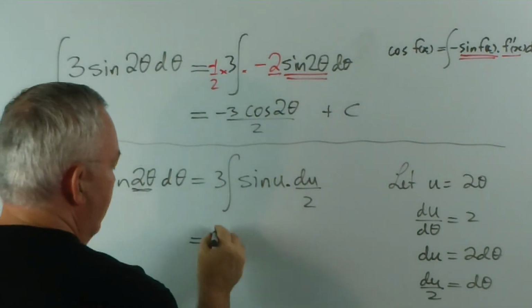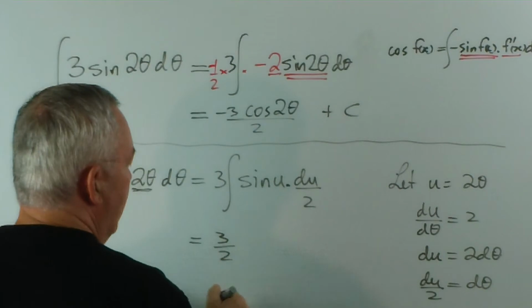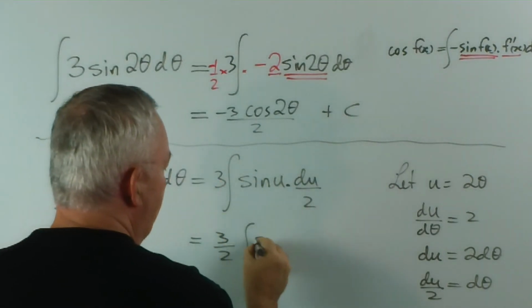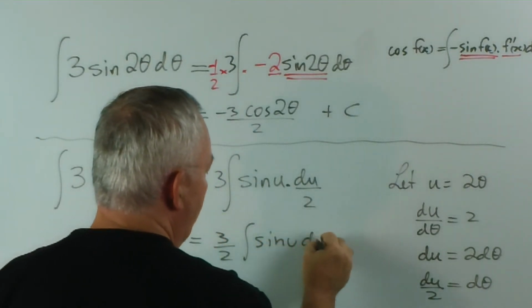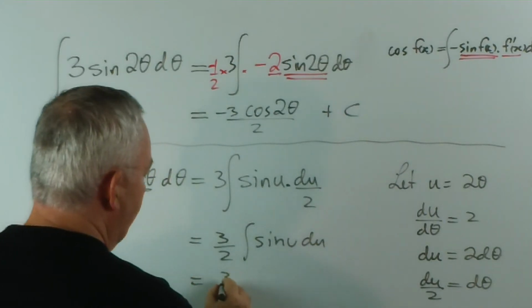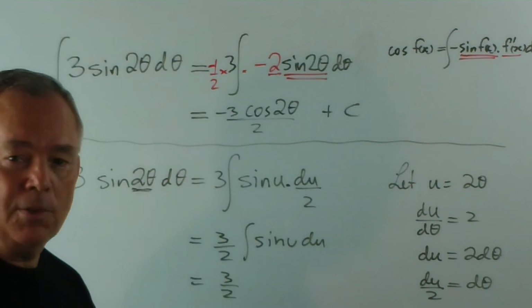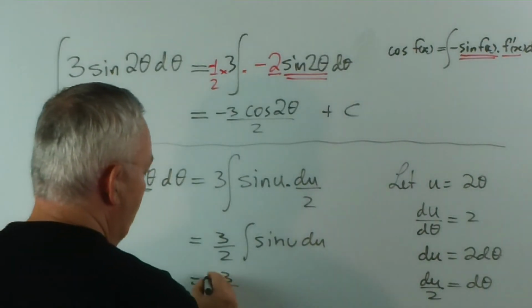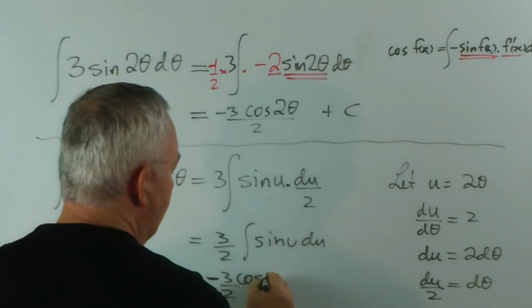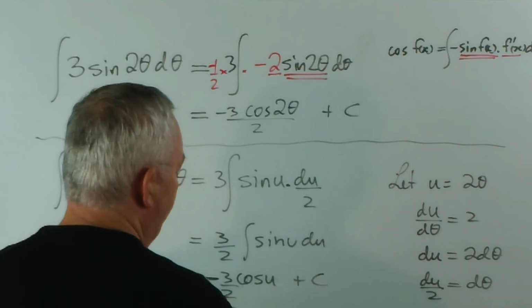Moving the 2 out the front, we have the integral of sine u du. So that's 3 on 2. Now the integral of sine u is minus cos u. So I'm going to put the minus out here, cos u plus c.